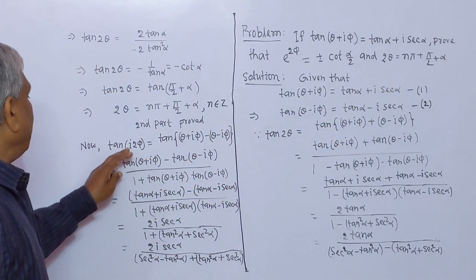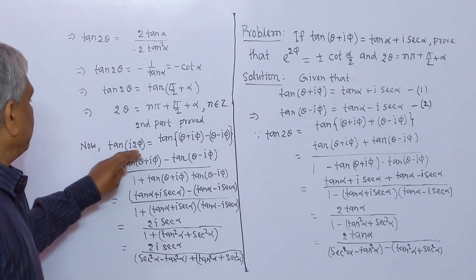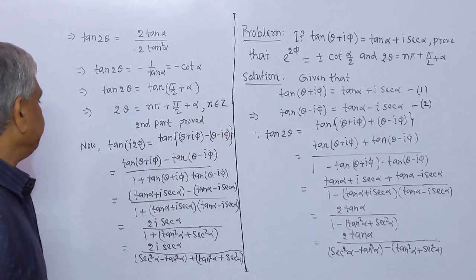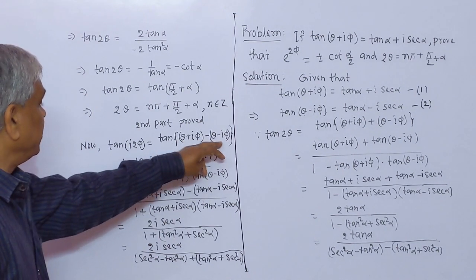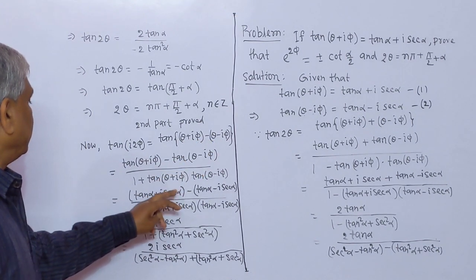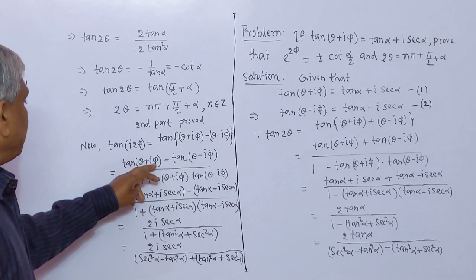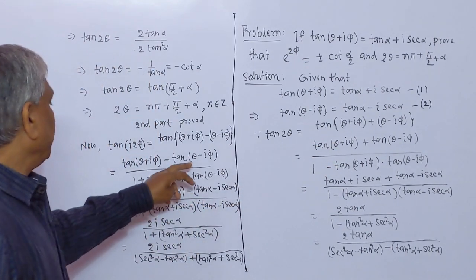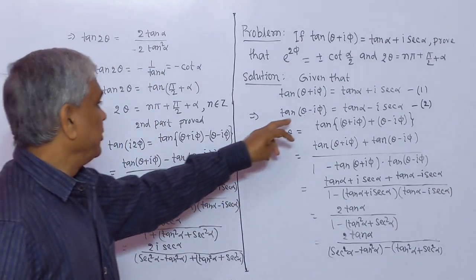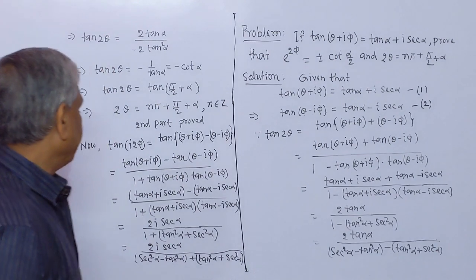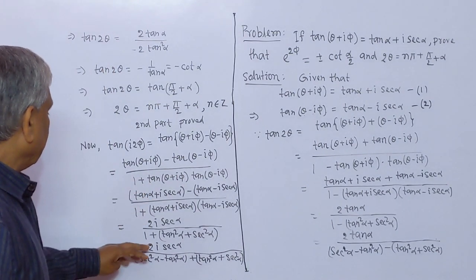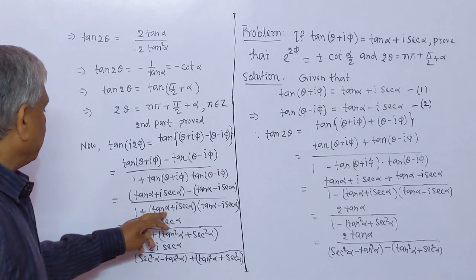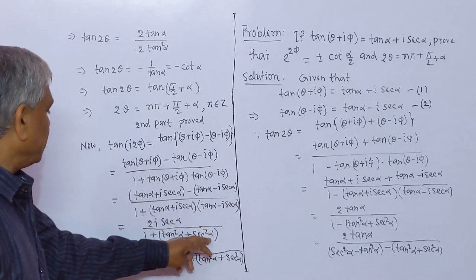Now tan(i 2 phi): its value is tan of (theta + i phi) - (theta - i phi). Here we use the formula for tan(A - B) and we get this. In place of tan(theta + i phi) we write tan alpha + i sec alpha, and in place of tan(theta - i phi) we write tan alpha - i sec alpha, and we get lastly 2i sec alpha divided by 1 + tan^2 alpha + sec^2 alpha.